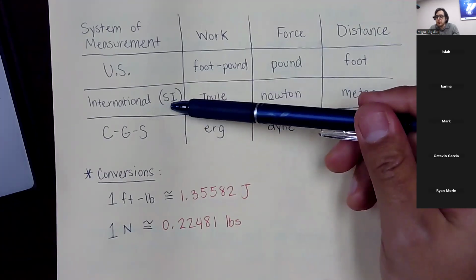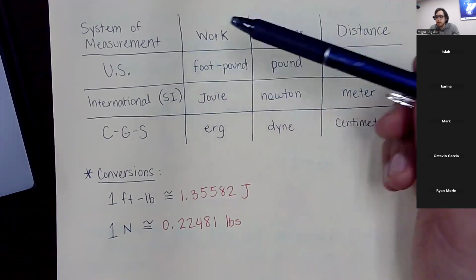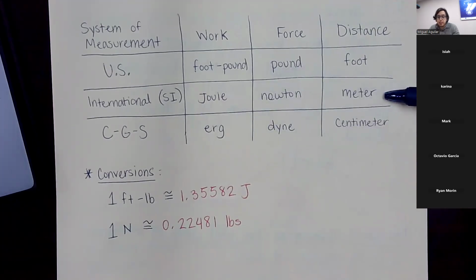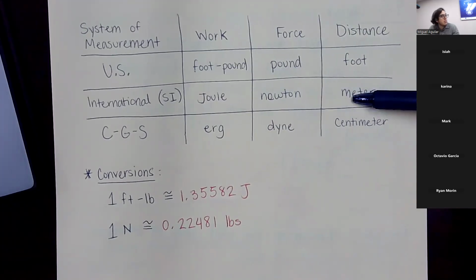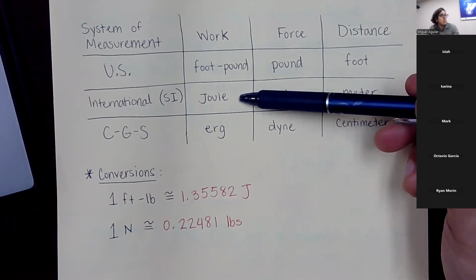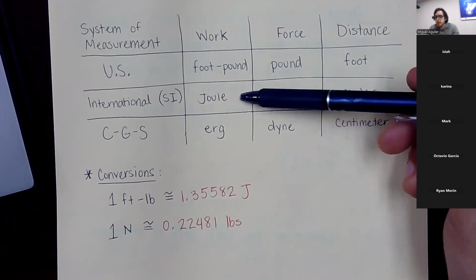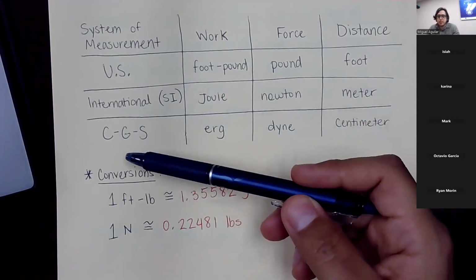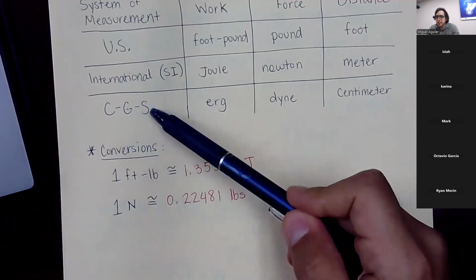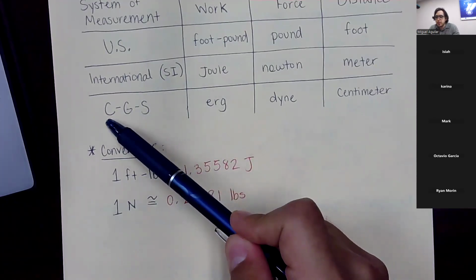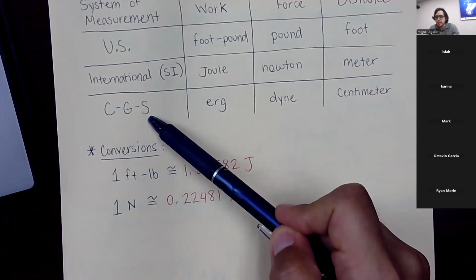In international units, the unit for distance is meter, and the unit for force is newtons. If you multiply newtons together with meters, you get Newton meters, but usually that's just called joules. Then there's another system that you might run into in some of these problems called the CGS system, which stands for centimeter gram second.